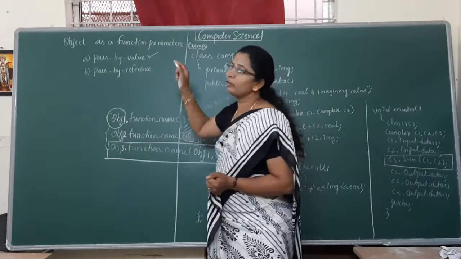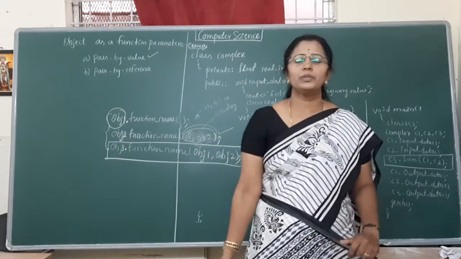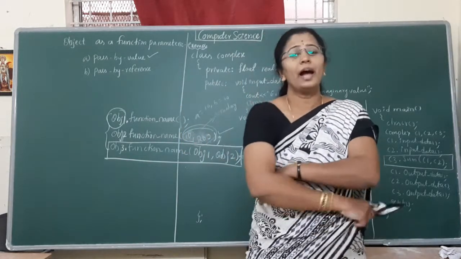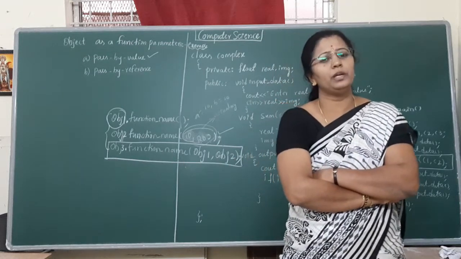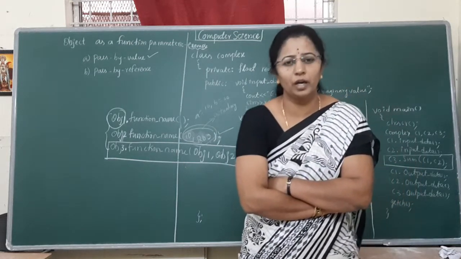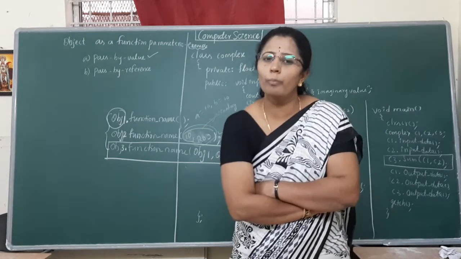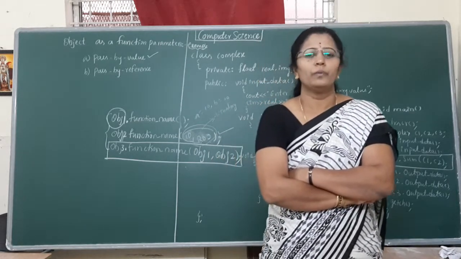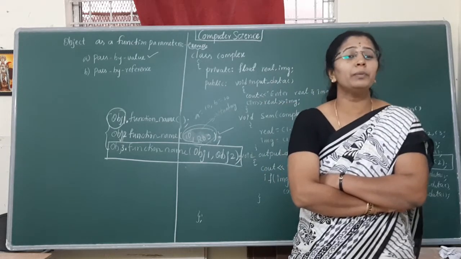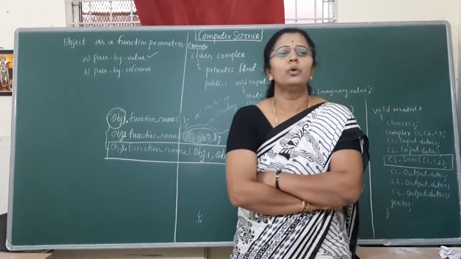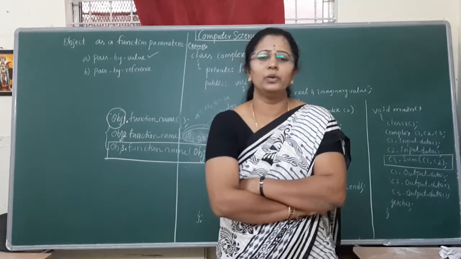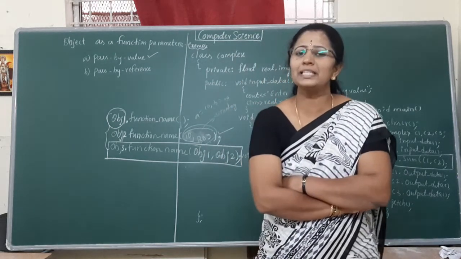That is the concept of pass by value. When the function gets invoked, actual argument values are copied into the formal arguments. Formal arguments create their own copy of the values. Those values will not affect the original actual values.